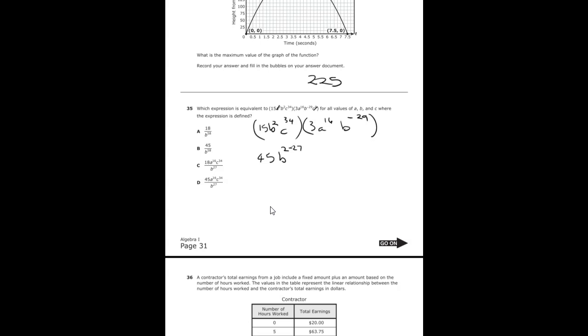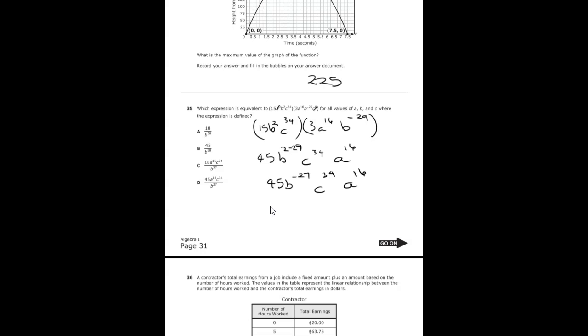And then we have c to the power of 34. And then we have a to the power of 16. So when you have b, 2 minus 29 rather, so this is going to be 45, b to the power of negative 27, c to the power of 34, a to the power of 16.